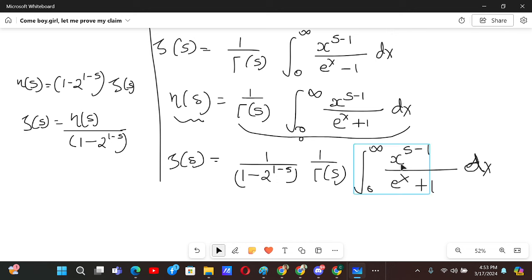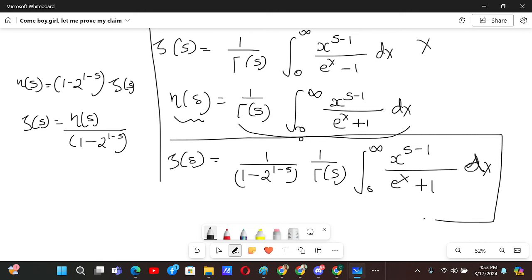If we use integration by parts, we will get 1 by s over here, that makes it gamma of s plus 1, and then we will substitute the value. In that case, if this over here was minus 1, there would be trouble again. So I will not use this definition, but we will go through this, make some manipulations, and substitute s at 0 to find zeta of 0.